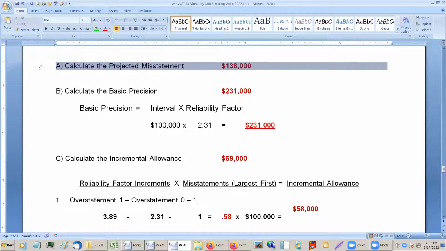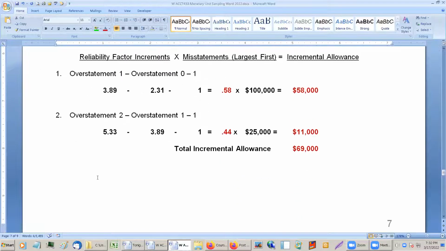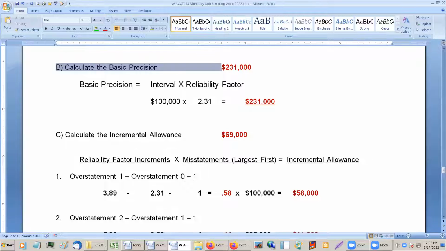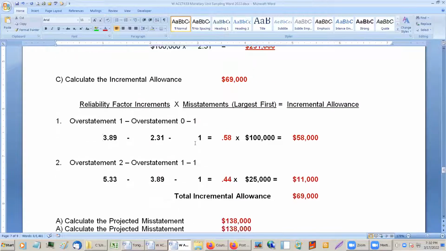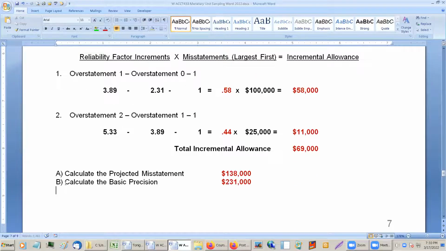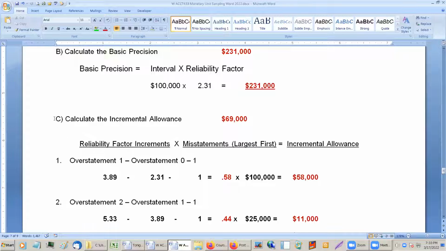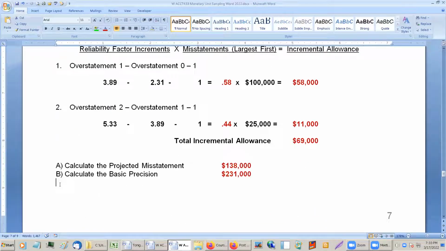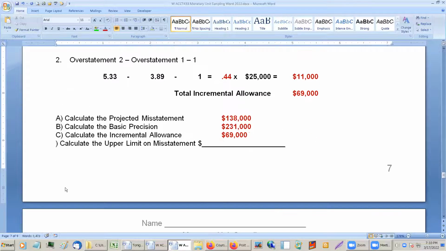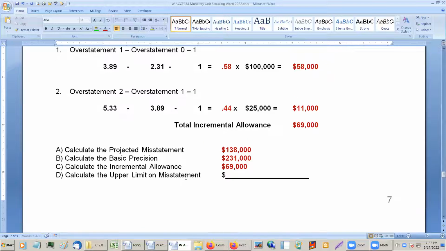Okay, so all three of these together should be 438. Okay, good. 438,000.